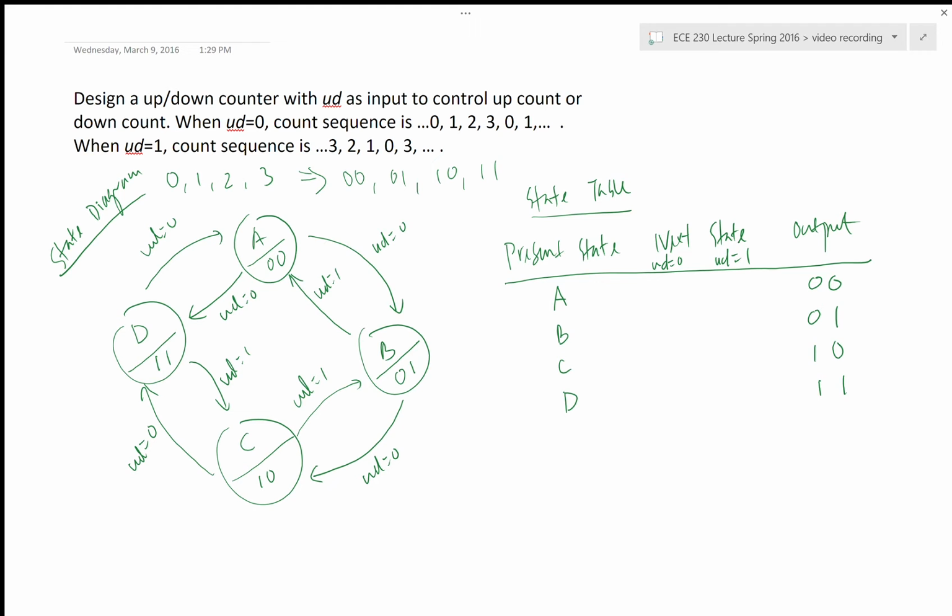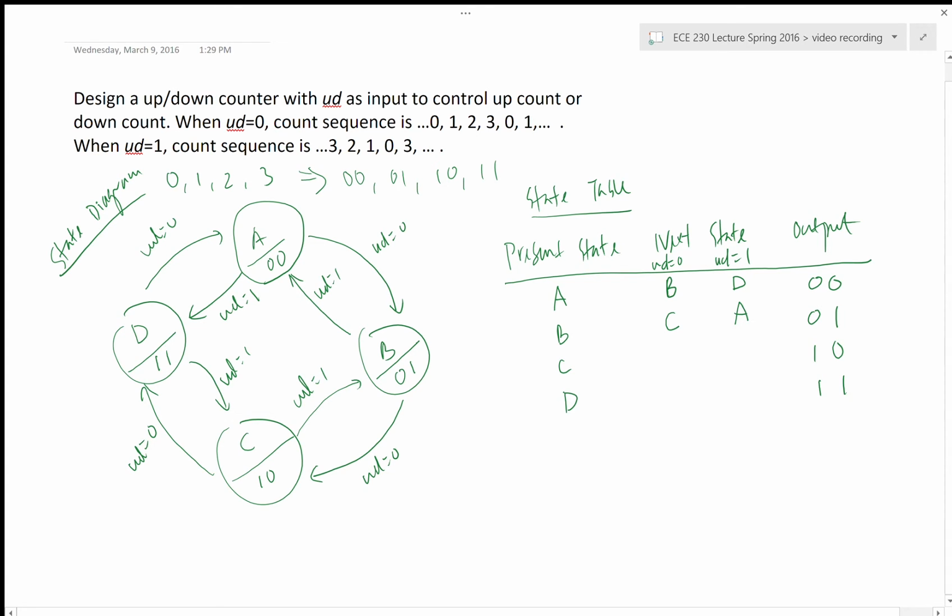When UD is equal to 0, it is going to state B. I just realized there's a mistake right here. At state A, when UD is equal to 1, it is going to D. At state B, when UD is equal to 0, it is going to C. When UD is equal to 1, it is going to A.